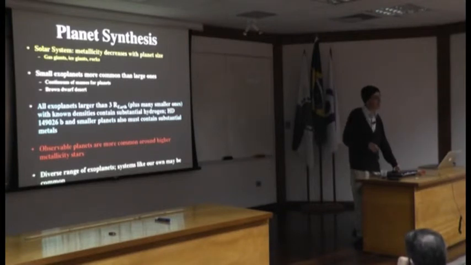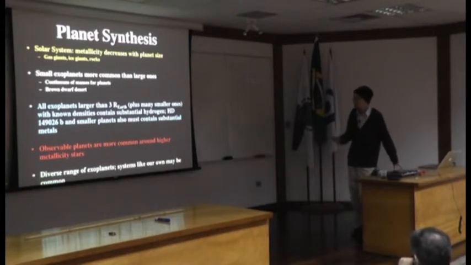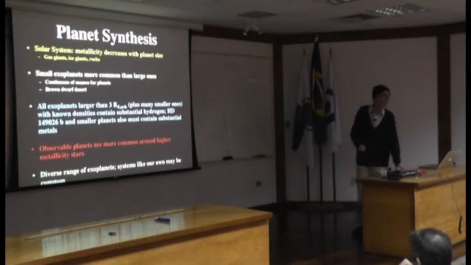It doesn't increase as you go down, certainly. I'll show you a plot tomorrow about that. And then as you get smaller, just a complete continuum. But above Jupiter mass, you go down into this desert, and then go back up at stellar masses.